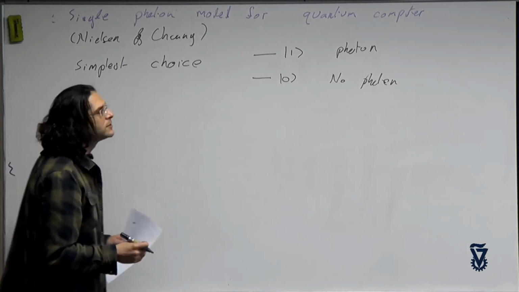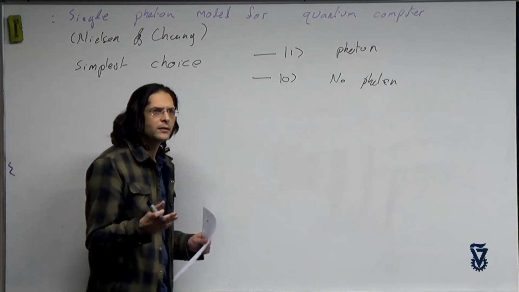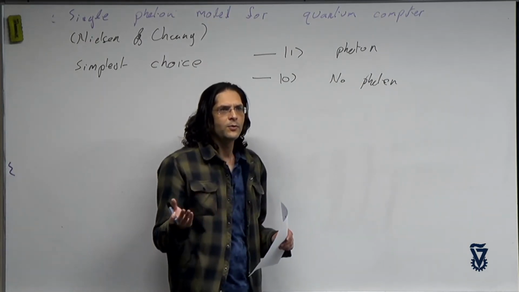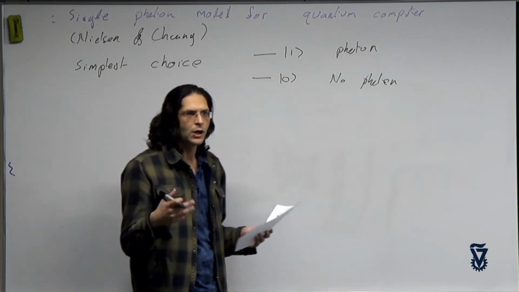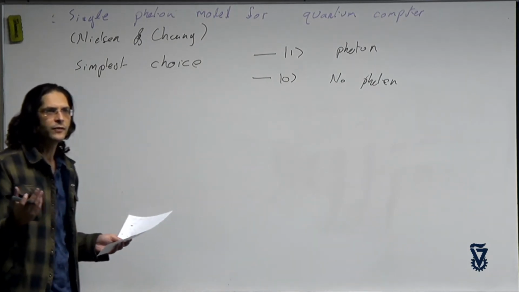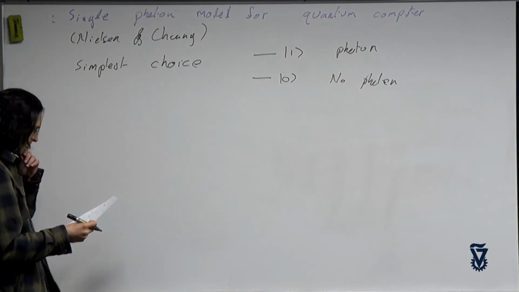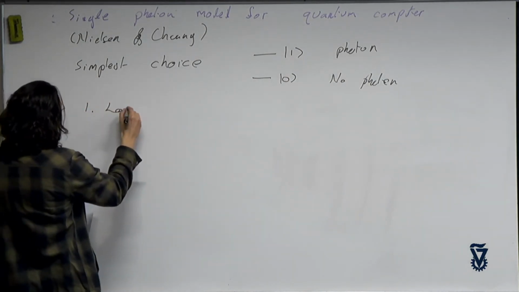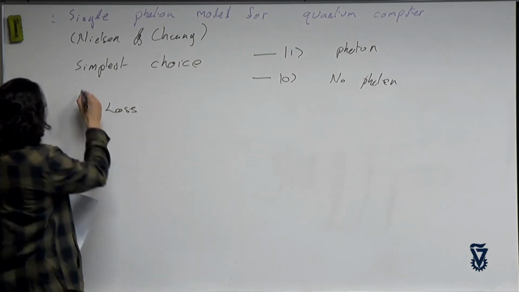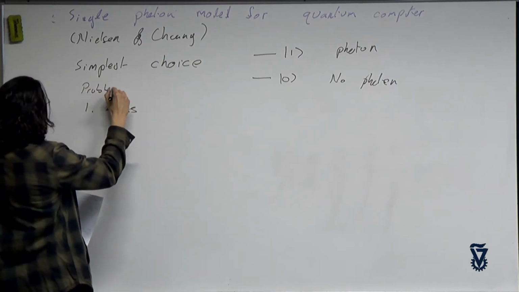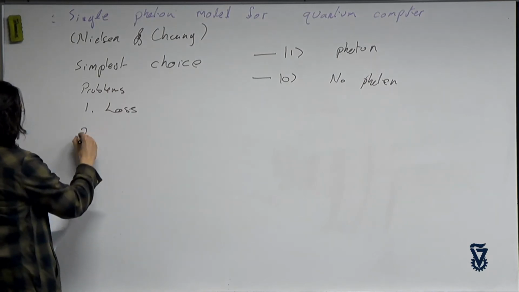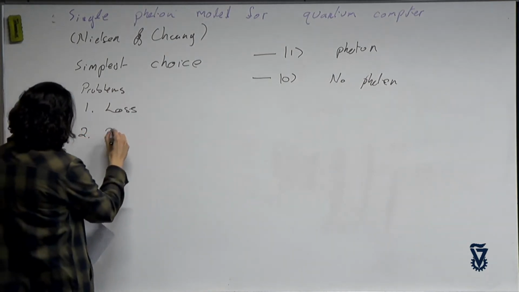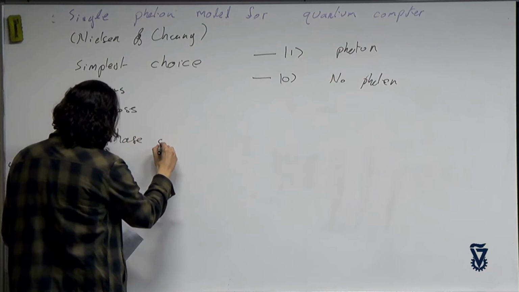The first one is loss. If you lose a photon, then you don't know. You always measure nothing. You don't know if you lost your qubit or it just flipped from 1 to 0. But you can overcome that. So the first problem is loss, but it's not a big problem. So problems. The second one is the problem of phase shift.